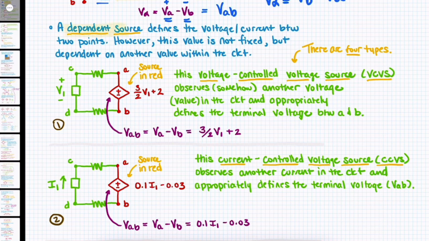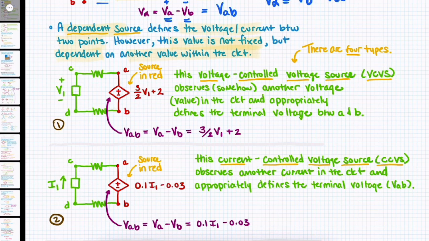A dependent source defines, again, either voltage or current between 2 points. However, this value is not necessarily fixed, but dependent on another value within the circuit. So let's say one really easy way to demonstrate this is to think about modeling an amplifier, right? We know the output of an amplifier has a defined value that's dependent on what's being supplied to the input.